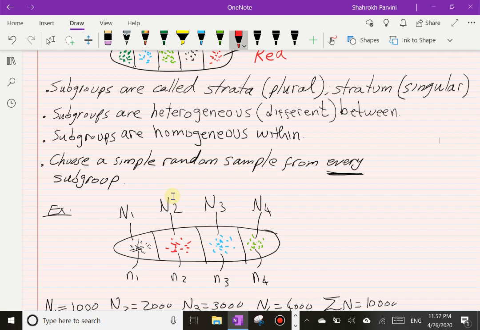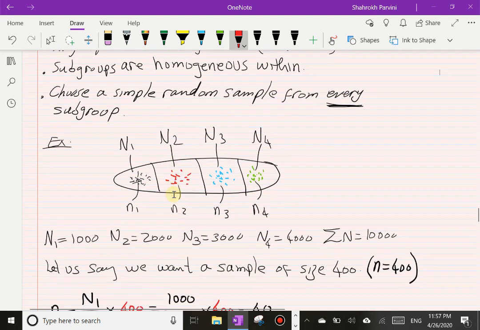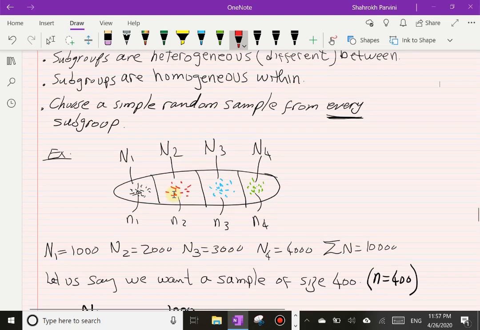So my sample, I got to make sure that I have representation from the first stratum, from the second, third, and fourth stratum. Now, here I'm making up these numbers. So the first stratum, the population of the first group, 1,000, second 2,000, third 3,000, 4,000. So I just kind of made them like that so the computation is easier.